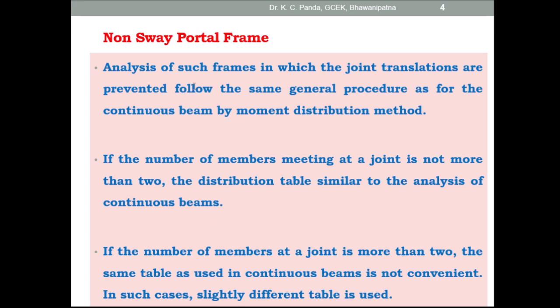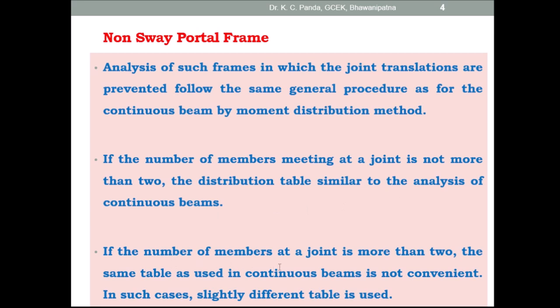The analysis of such frames, in which the joint translations are prevented, follows the same general procedure as for the continuous beam by the moment distribution method. If the number of members meeting at a joint is not more than 2, the distribution table is similar to the analysis of continuous beams.